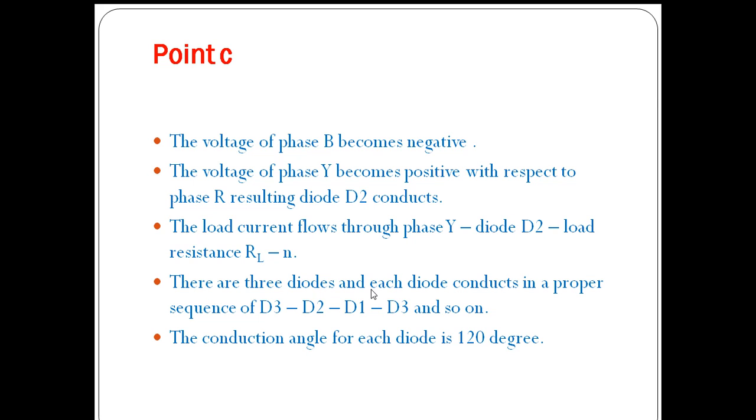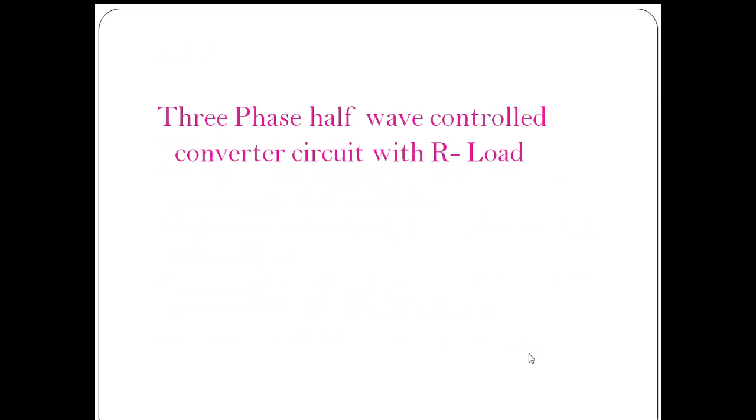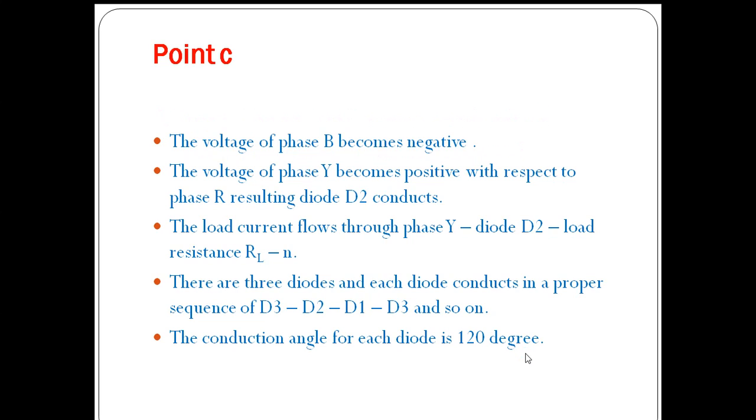There are three diodes, and each diode conducts in a proper sequence D3, D2, D1, D3, and so on. The conduction angle of each diode is 120 degrees. So this is regarding the operation of the three-phase uncontrolled rectifier.